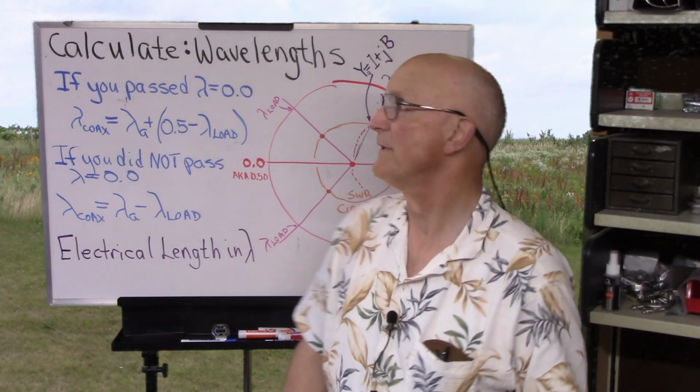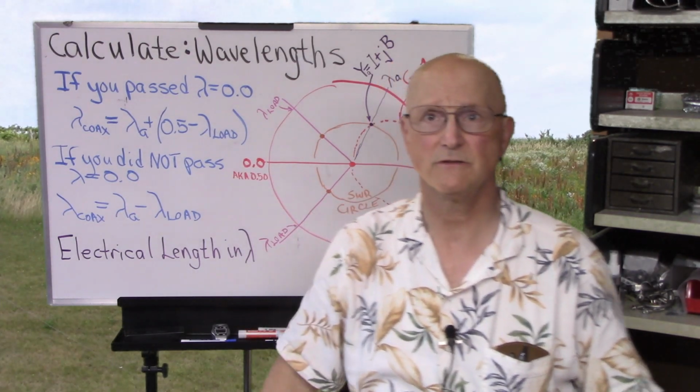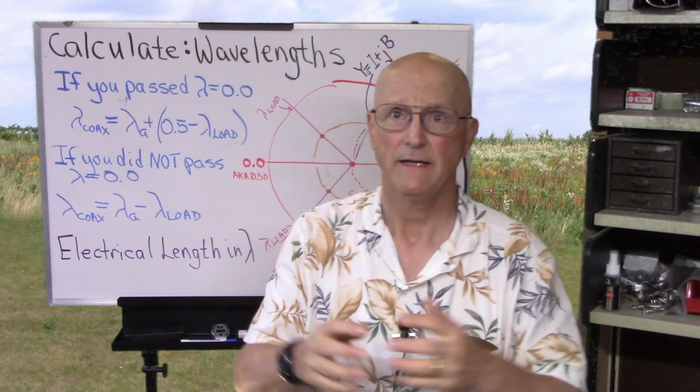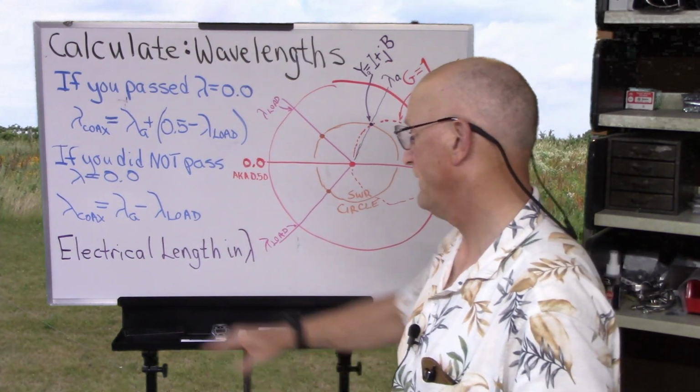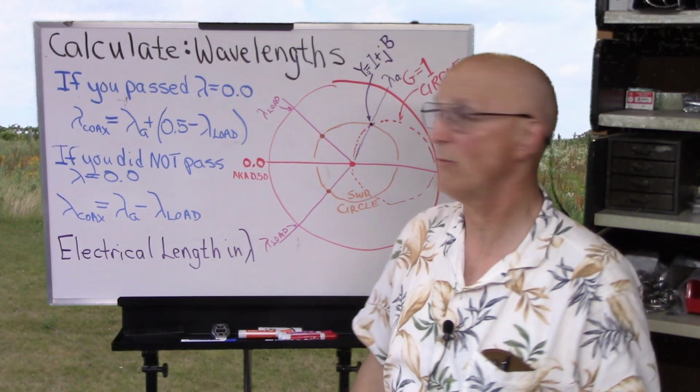The first step in calculating the length of our impedance or admittance transforming piece of coax is to calculate it in terms of wavelengths. This is the electrical length in wavelengths, is what we're trying to do here.